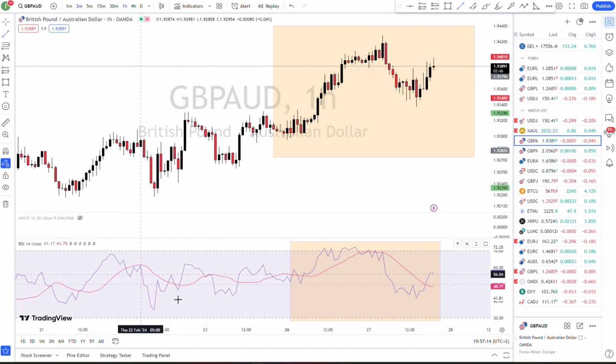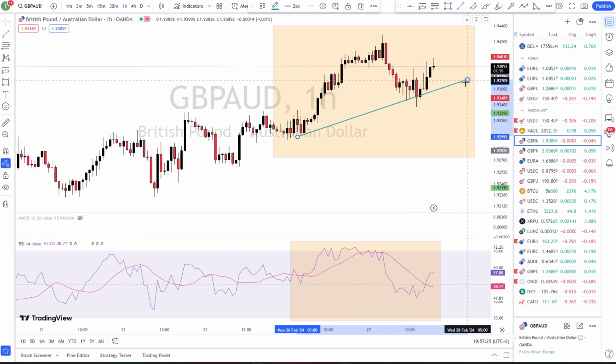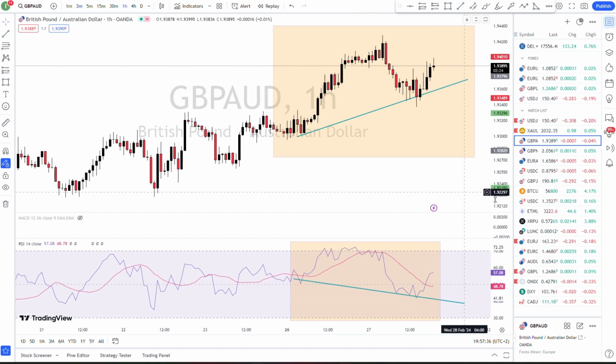But our RSI is ranging in these parts, and here it suddenly changed. So on our main chart, this is an uptrend, but our RSI indicator is showing a downtrend. And this is exactly where the divergence happens.